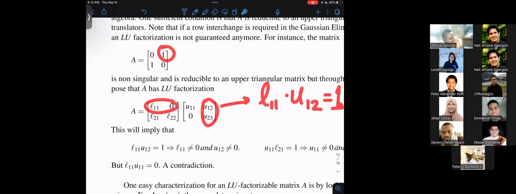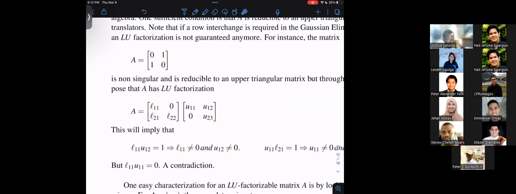So that means L11 and U12 are both non-zero, because if one of them is equal to 0, then we cannot get a product equal to 1. Now, again, assuming that this is the right factorization, I can multiply the second row by the first column to get the entry on the second row, first column.